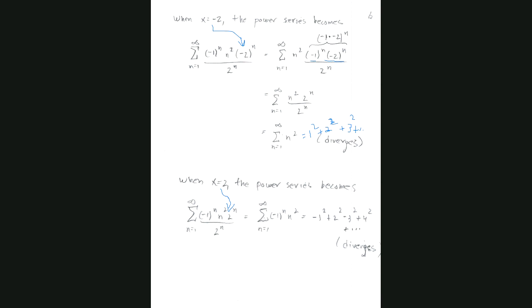The series becomes the sum from n equals 1 to infinity of -1 to the nth power times n squared. So that equals -1 squared plus 2 squared minus 3 squared plus 4 squared and so forth. That diverges. So the power series diverges at x equals 2, and our interval of convergence will not include x equals 2.